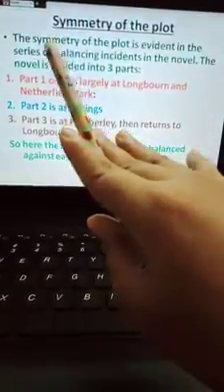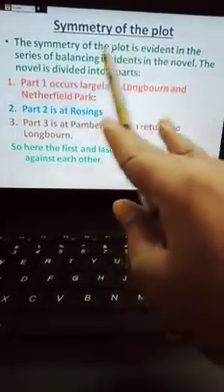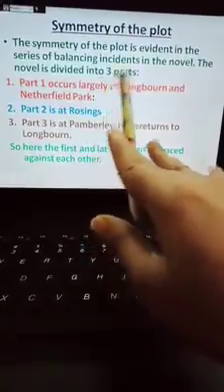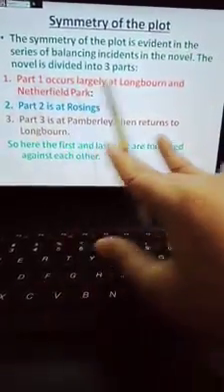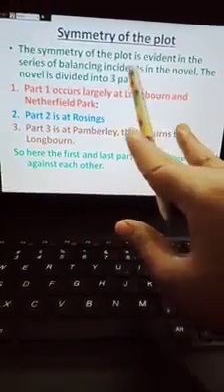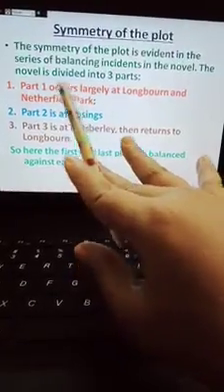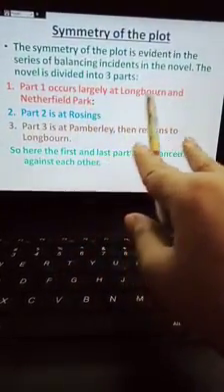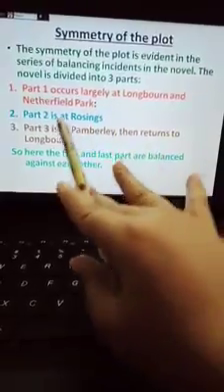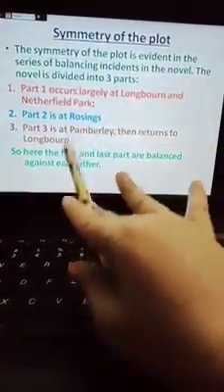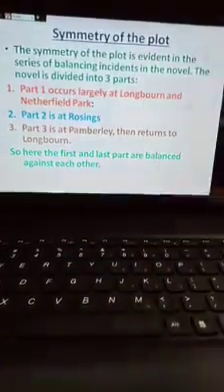Okay. So let's have a look at the symmetry of the plot. The symmetry of the plot is evident in the series of balancing incidents in the novel. The novel is divided into three parts. Part one occurs largely at Longbourn and Netherfield Park. Part two is at Rosings. Part three is at Pemberley, then returns to Longbourn.